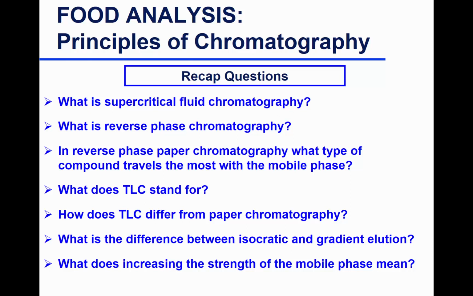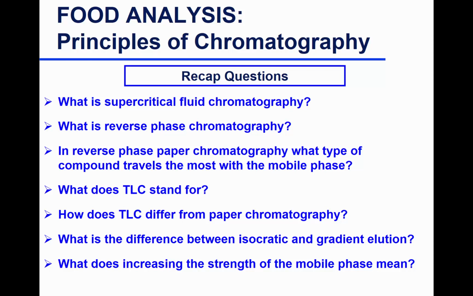Compress it. So we increase the pressure above the critical point. That's why it's called supercritical. So liquid CO2 is used as a mobile phase, and the stationary phase can be anything similar to HPLC. And the detectors are similar to GC, and you'll learn about those when we talk about HPLC and GC later on.